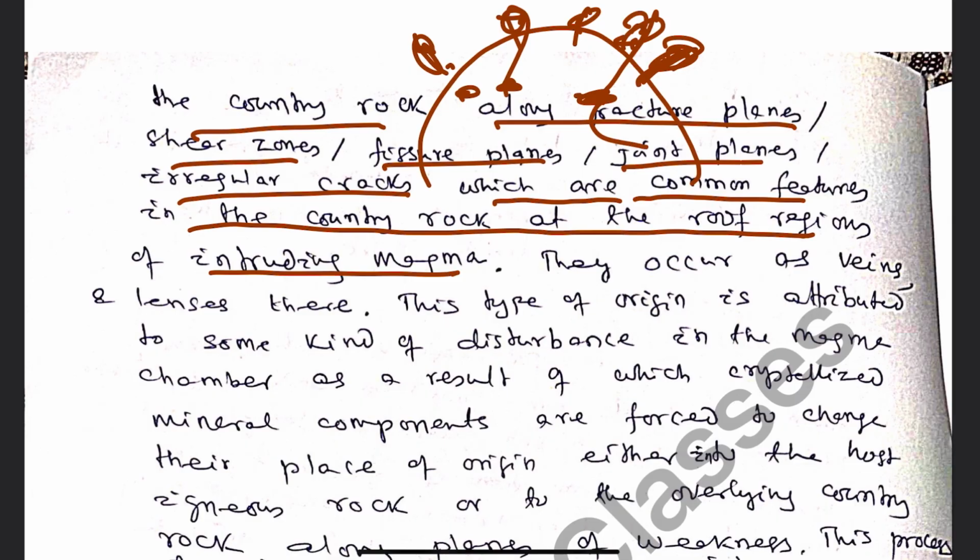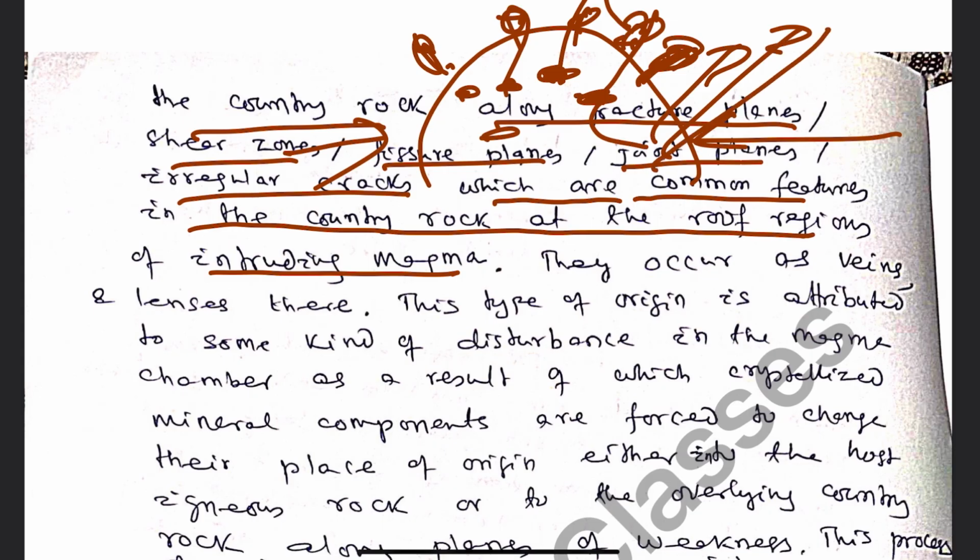It takes place because the magma which is undergoing cooling and consolidation to produce these minerals, during the formation of these minerals, the whole system is found to be disturbed or compressed or squeezed, as a result of which these economic minerals get pushed into the country rock. In this manner, they get into the country rock and form injection mineral deposits.